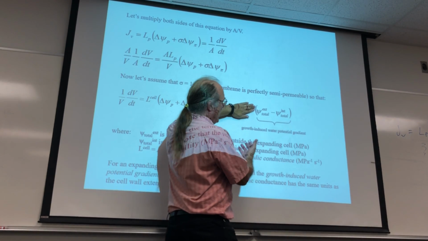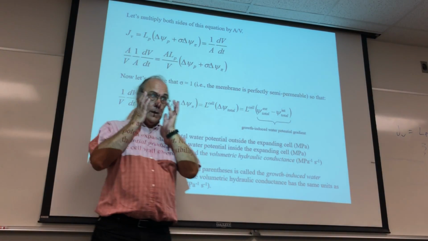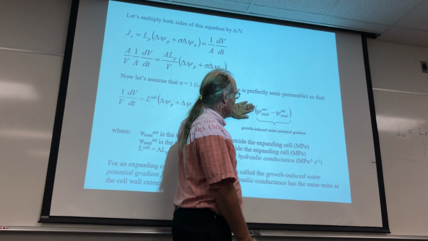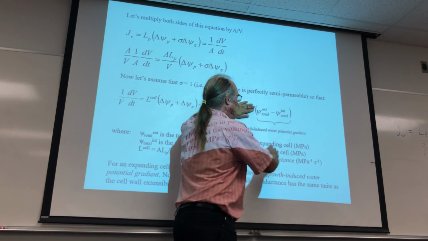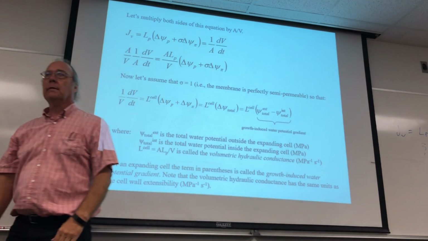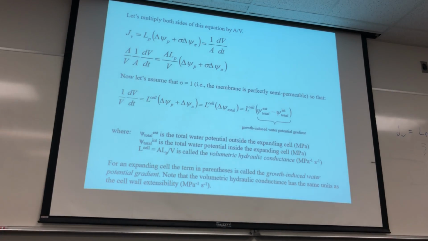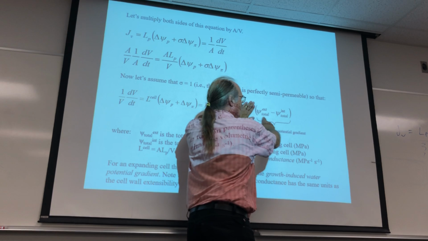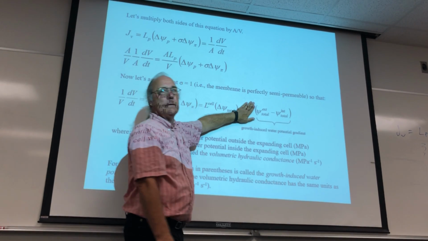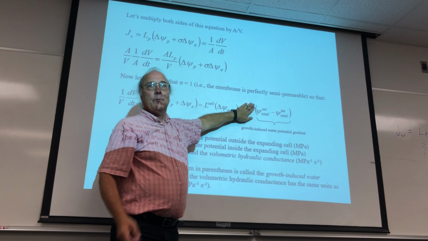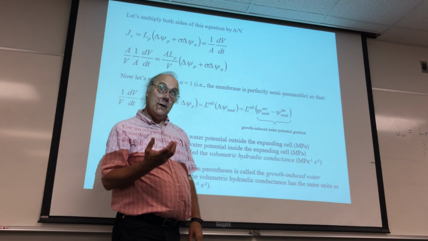So what way does the plant have? Here's a question that could be asked. What way does a plant cell have of influencing this growth-induced water potential gradient? How can the plant change the magnitude of that term? By altering the internal osmotic potential. Yes, and how does it alter that?